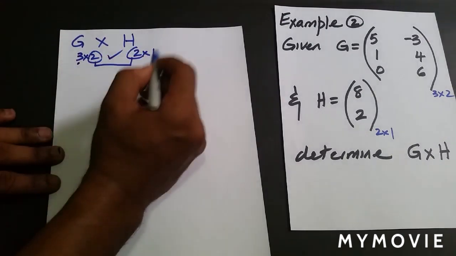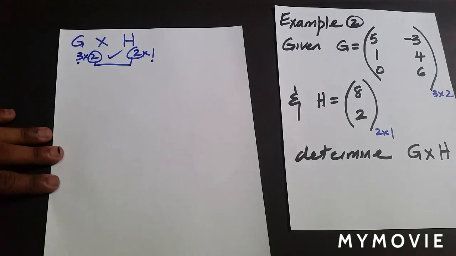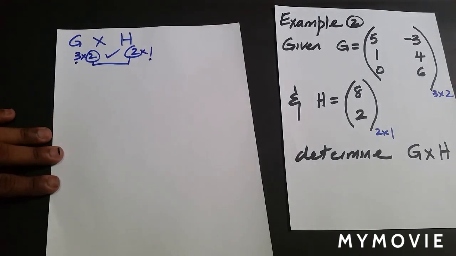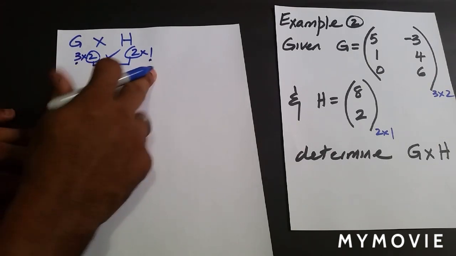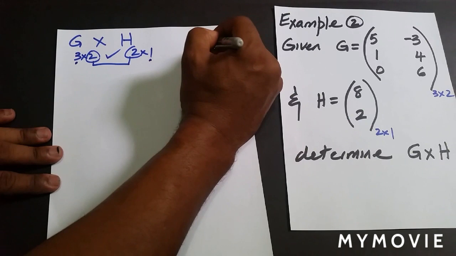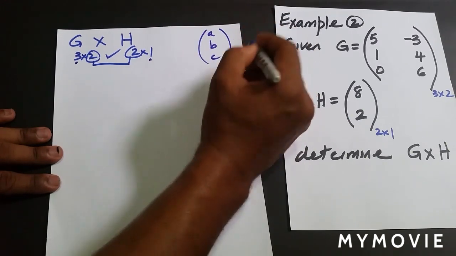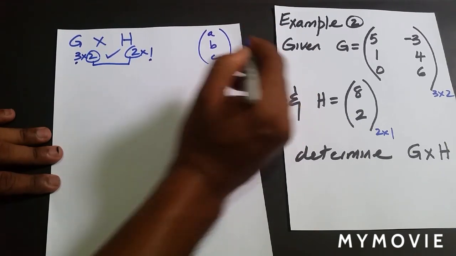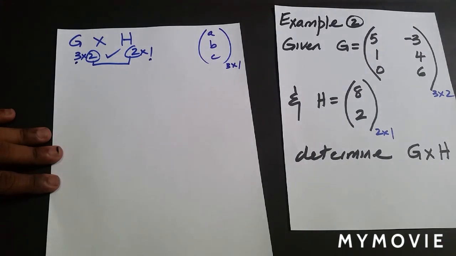And the outer numbers, importantly, tell you what your answer should look like, meaning your answer should be of the order 3 by 1. And a 3 by 1 matrix looks like this. You should be able to agree with me. This is a 3 by 1 matrix. So the answer should look like that.